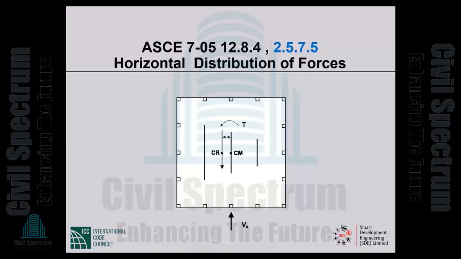There was a time when we used to design for actual torsion subject to a minimum of the accidental torsion, but now for a long time we are required to design for actual torsion plus accidental torsion. The actual torsion is now called inherent torsion in ASCE 7. So we are required to design for inherent torsion plus accidental torsion.